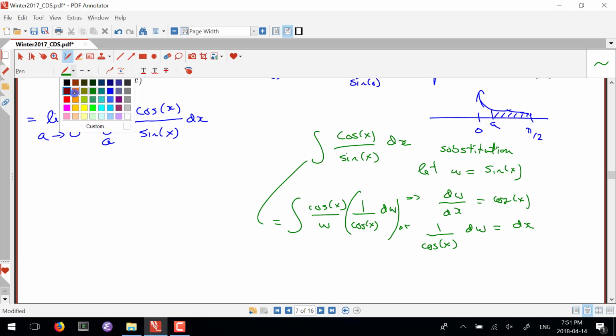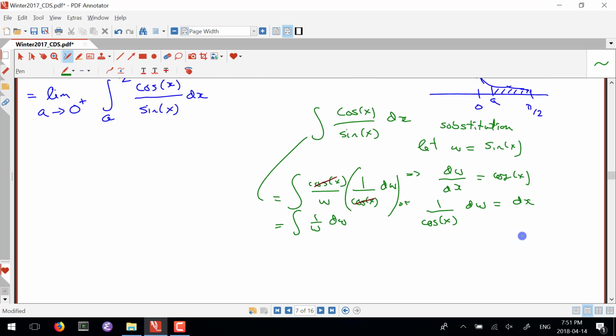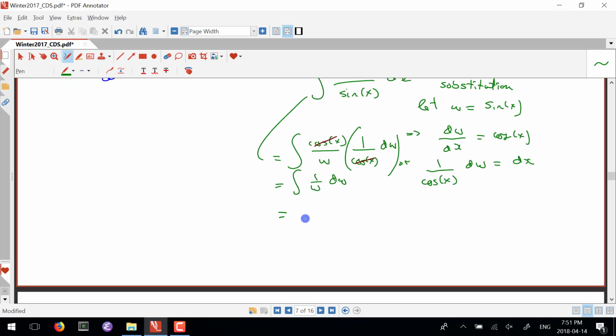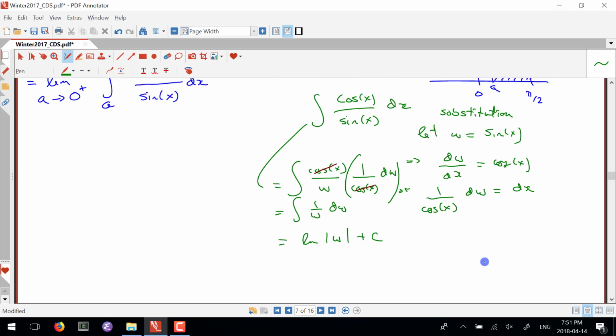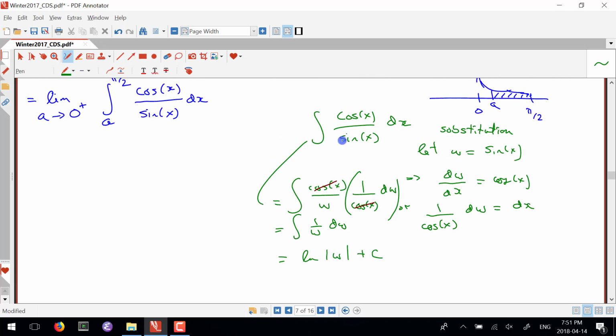That did exactly what we wanted. We cancel our cosines, and we end up with the integral of 1 over w, dw, those match then, and so we're going to get ln of the absolute value of w plus some constant. That's our antiderivative of the generic function there.